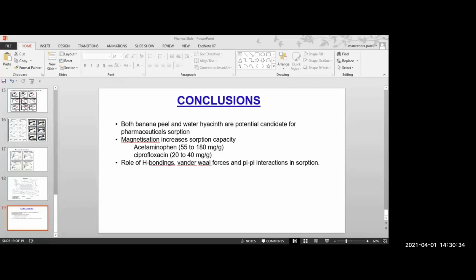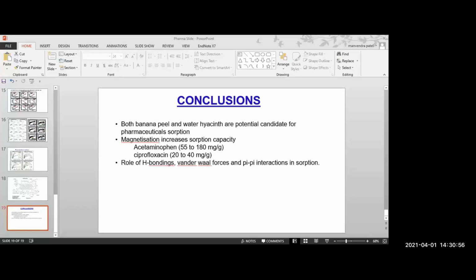For your second question, can you explain it again? In the water, there may be numerous pharmaceuticals, not one, not two, not three, so many. How will you assess how effective it is on certain pharmaceuticals?